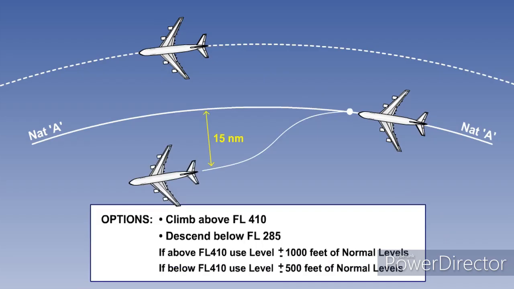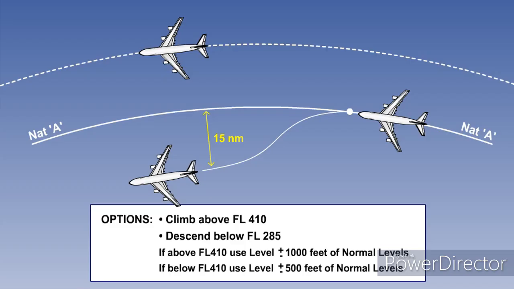Before commencing a diversion across the flow of adjacent traffic, aeroplanes should, whilst maintaining the 15 nautical miles offset track, expedite a climb or descent below the vast majority of NAT traffic, which is above flight level 410 or below flight level 285.